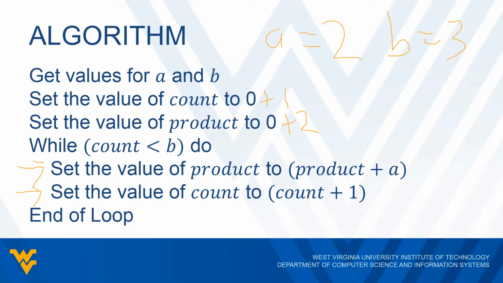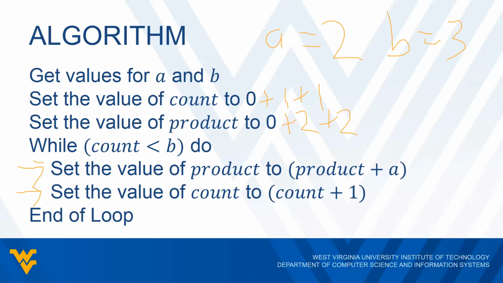1 is less than 3, so that part is still true. So we're going to go back into our loop again. We're going to add another 2 to the value of our product, and then we're going to add another 1 to our count. So at this point, count is 2 and product is 4. 2 is less than 3, so that's still true. So now we're going to go back into our while loop, and product is product plus a.